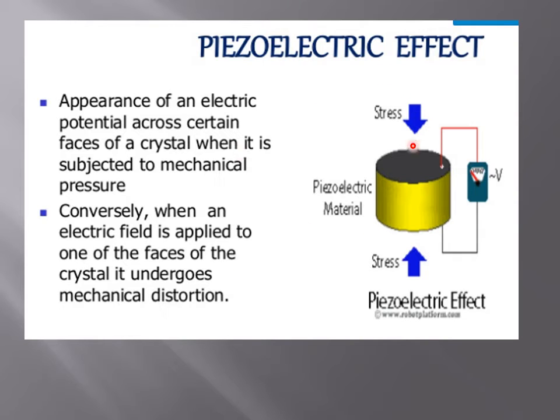When stress, which is the mechanical pressure, is applied over a piezoelectric material, a voltage, an electrical field, will be generated across the material. That will be measured in volts. So this is the piezoelectric effect.